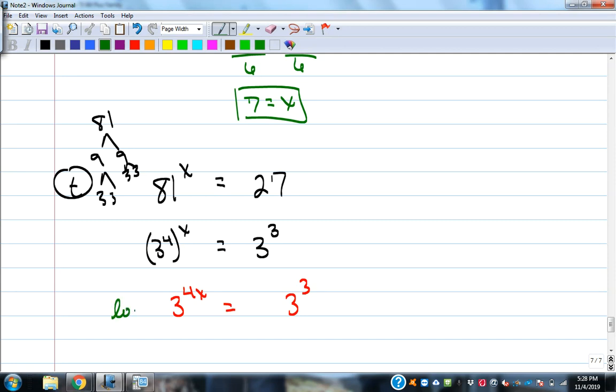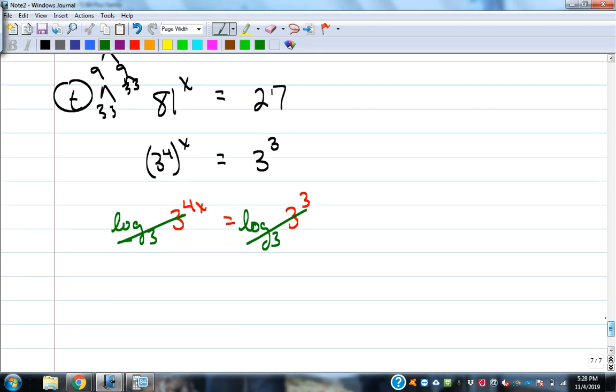So if I take the log base 3 of both sides, they cancel each other out using that property that we talked about just a minute ago. So that's really what's happening to let us ignore the bases. We really do just have the equation 4x equals 3 and x equals 3/4.